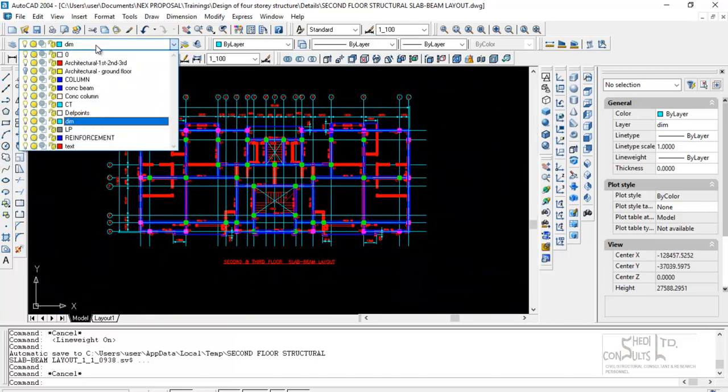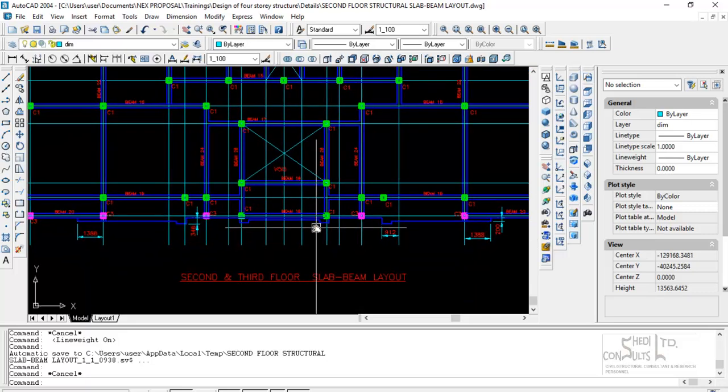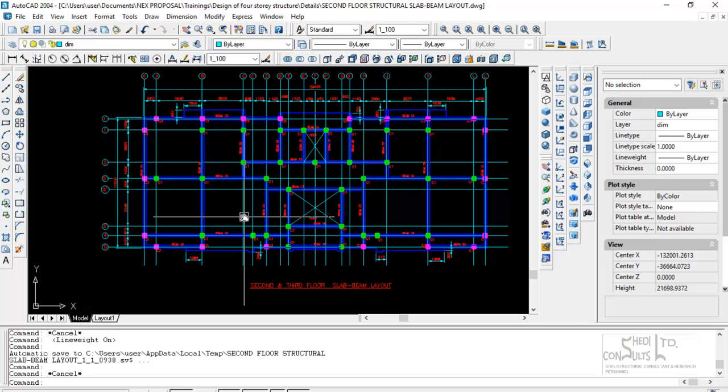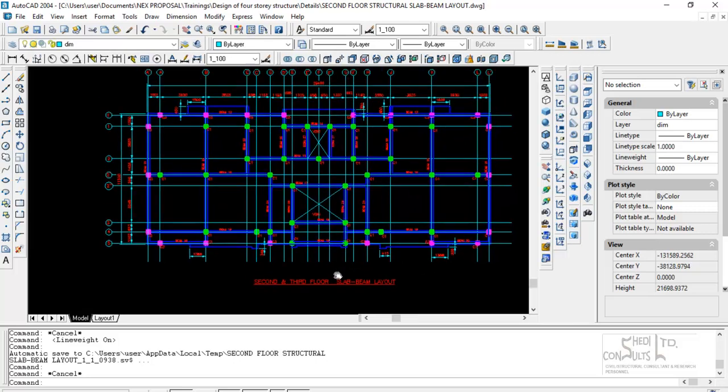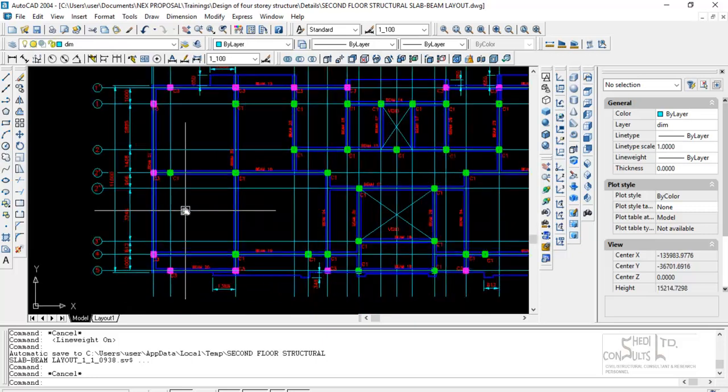So as soon as you develop your structural layout for the floors, the next thing is to give your beams the proper mark numbers. You give your beams, your panels, as well as your columns, the proper mark numbers. So the preliminary beam numbering system is subject to the structural framing arrangements.